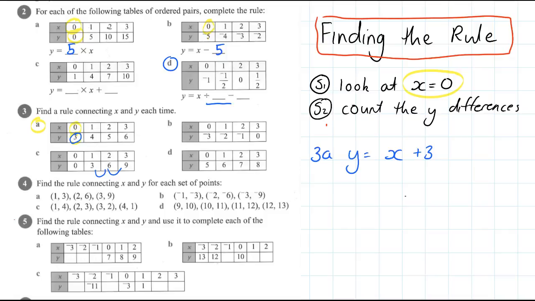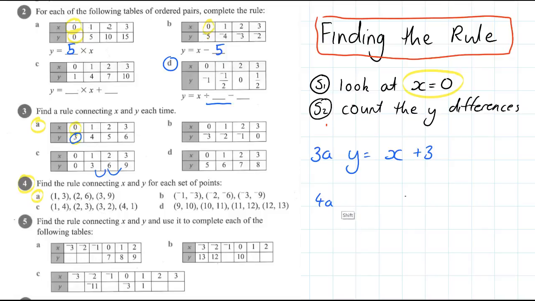Finally, we've got the ordered pairs, which is question 4. And I'll do one of these just to show you how I'd set it out. So you've got question 4a. 4a wants you to go 1, 3, 2, 6, 3, 9.